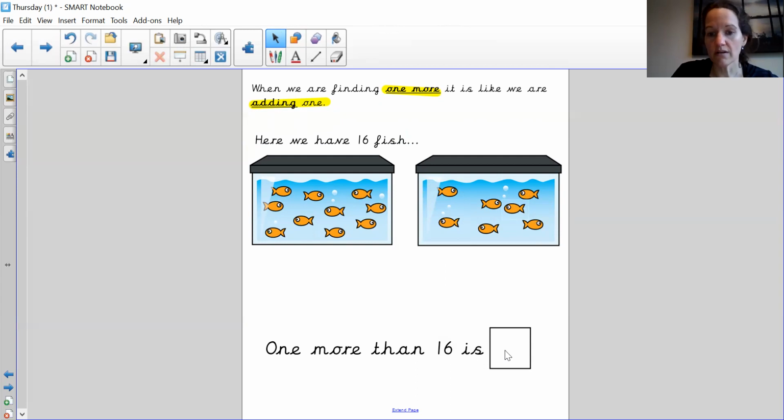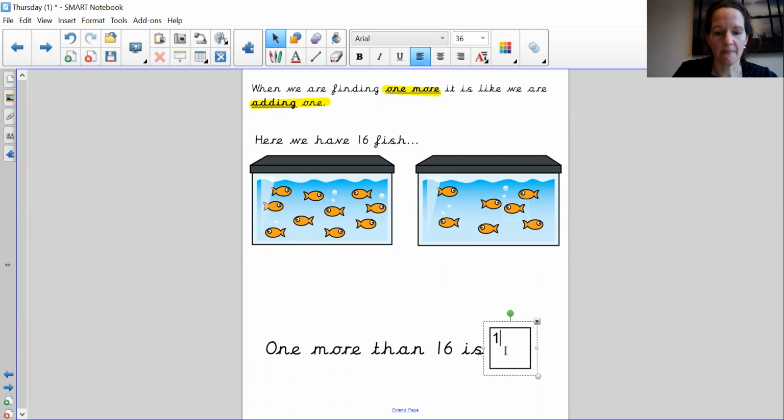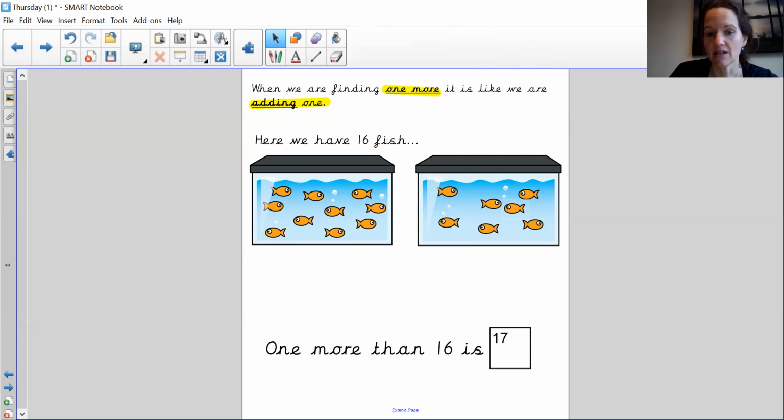So one more than 16 is 17. Remember we said we add one more, so it's like adding 1. 16 add 1 is 17.